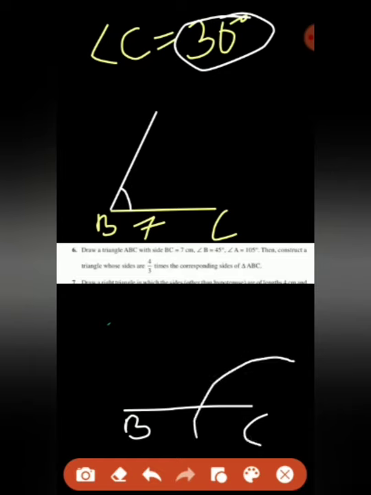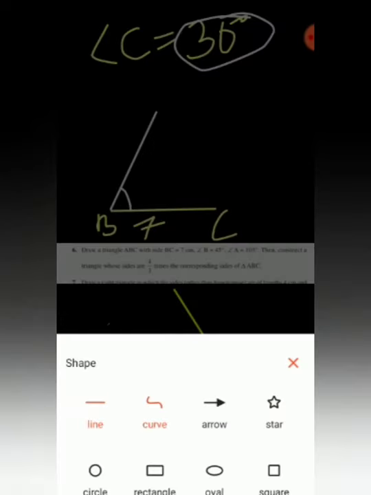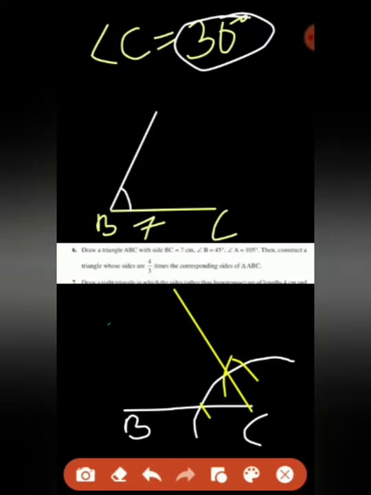You make an arc from C like this, keeping the tip of the compass at point C. Now with that same measurement, you make an arc from this point. After that, you join your C to that line. You'll get something like this, and this is your 60 degrees.